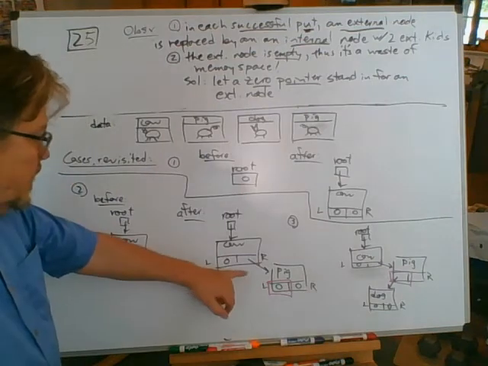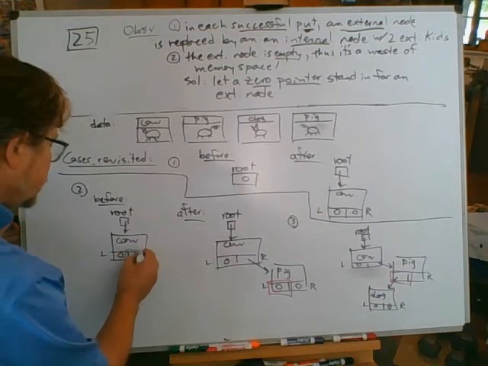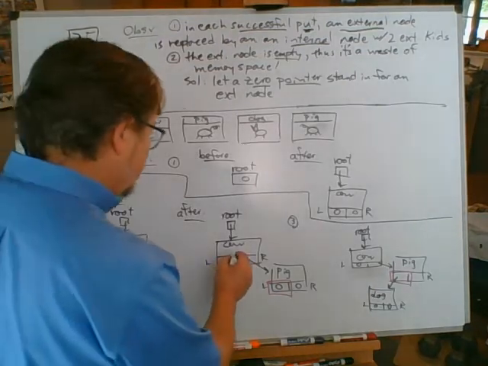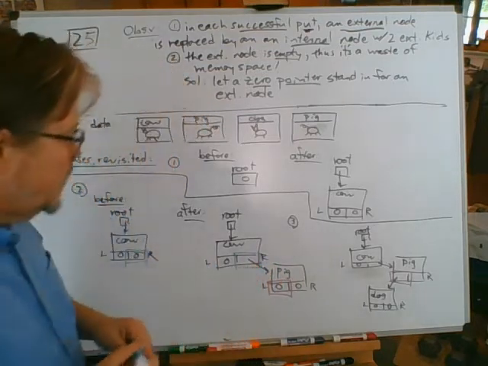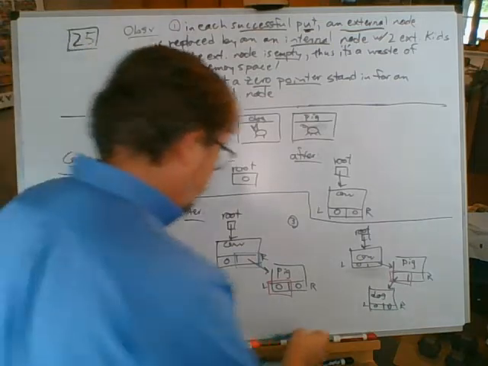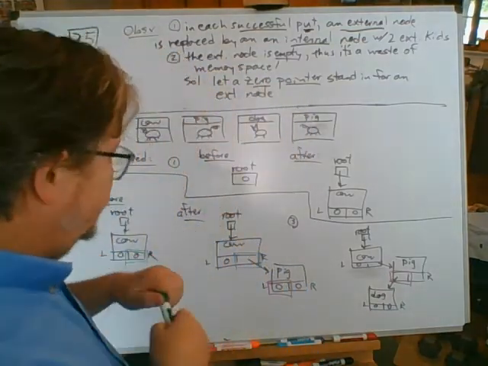How did I get here? Well, I replaced this external right child, also known as a 0 pointer. I replaced that value with a pointer to a new right child, pig.